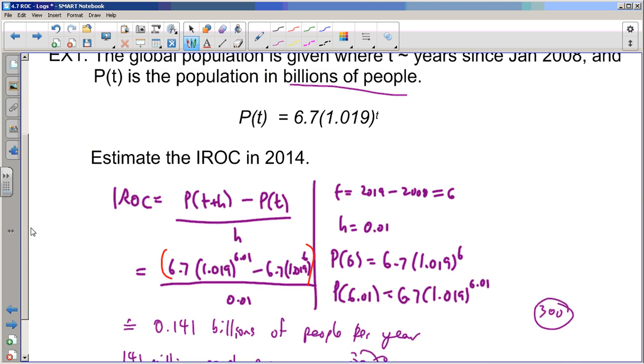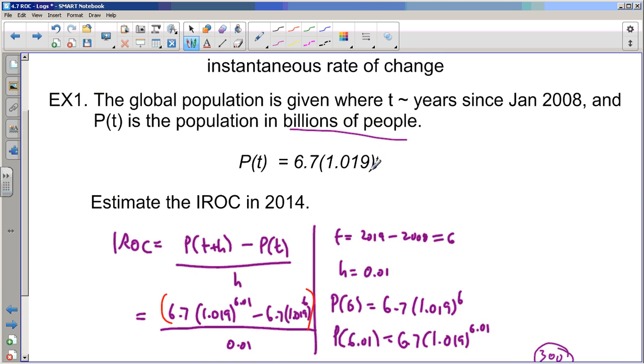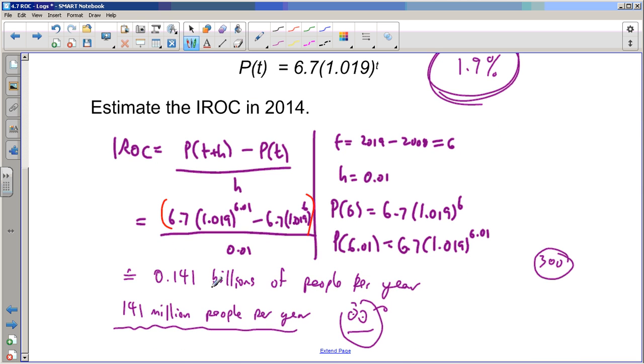Question. Isn't it just 1.9%? Isn't that the answer? But remember, this function is in number of people. Probably, if I calculated what the population was in January of 2014 using this formula, it would be going up by 1.9% per year.